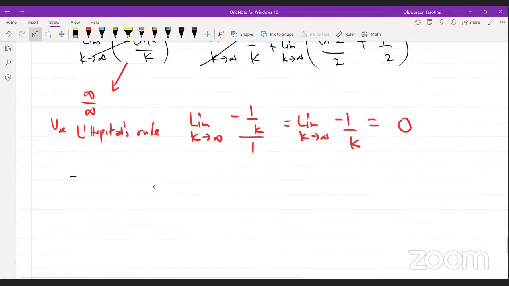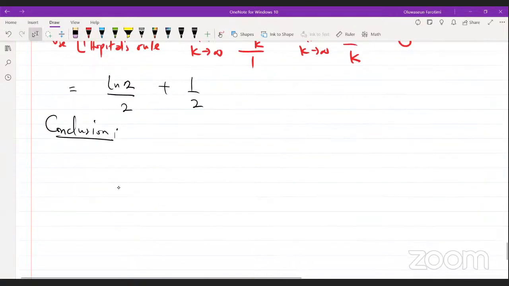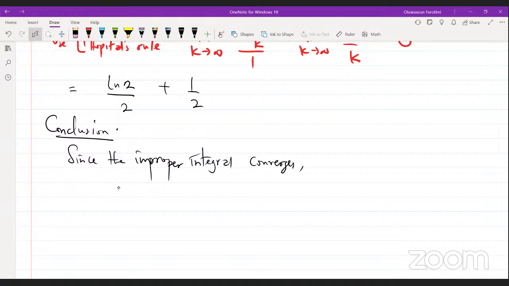So what's our conclusion? We're going to have ln of 2 over 2 plus 1/2. So how do we conclude? Since the improper integral converges, by the integral test, the improper integral is not converging by the integral test, right?